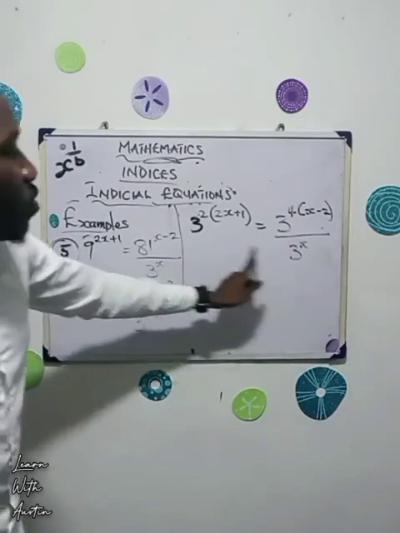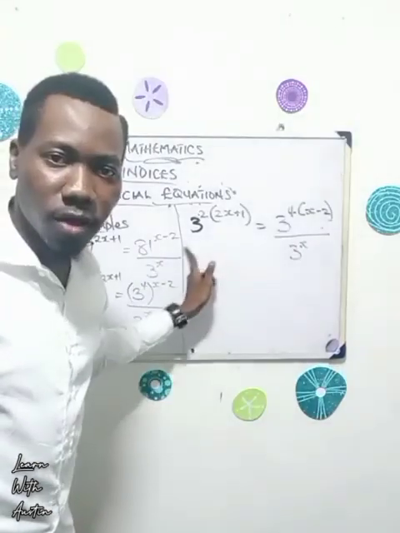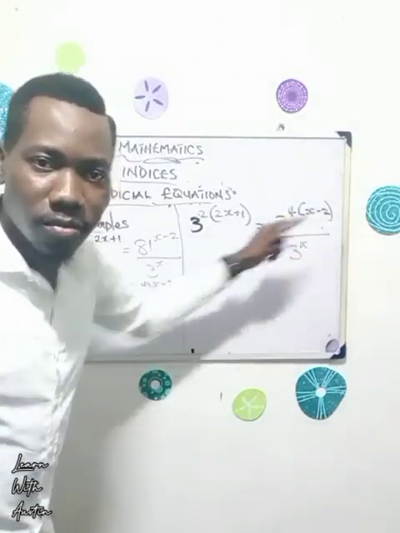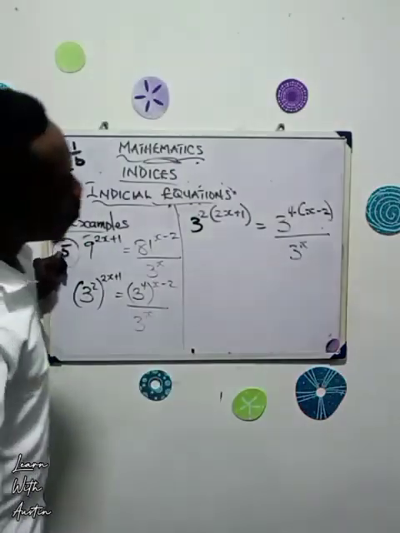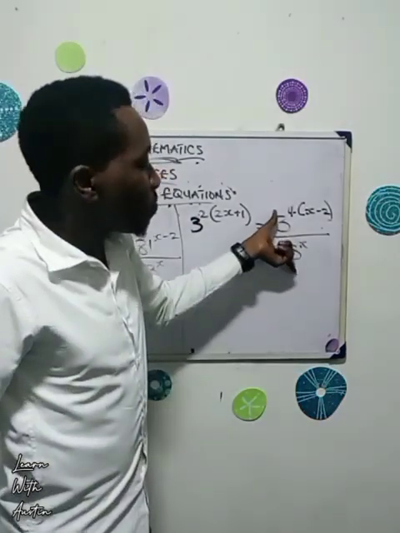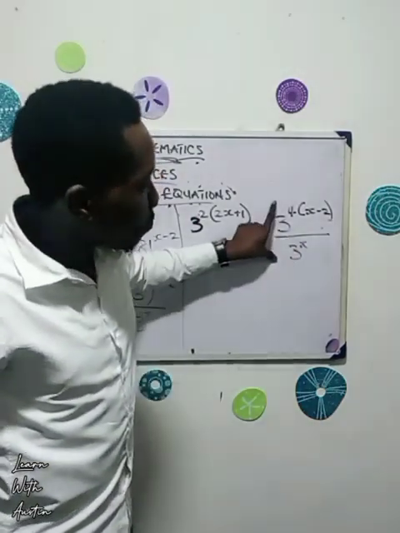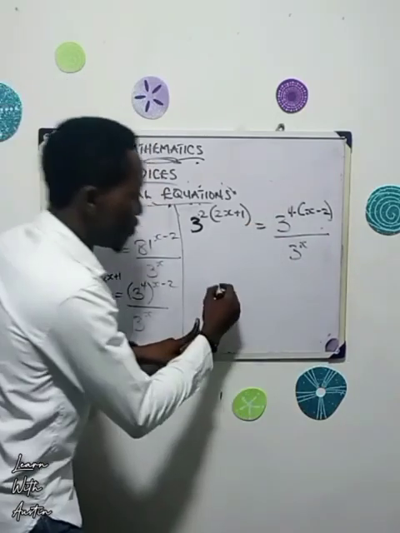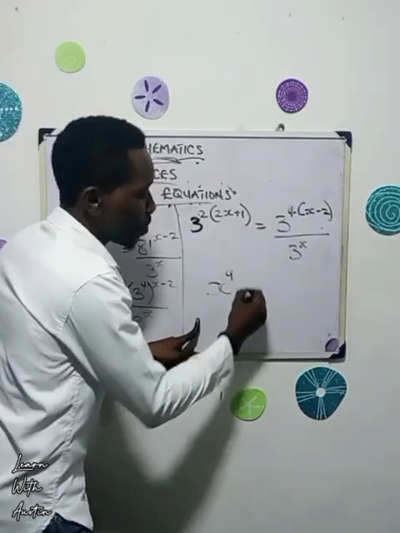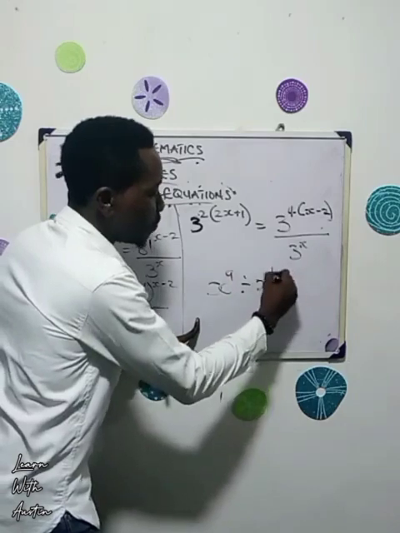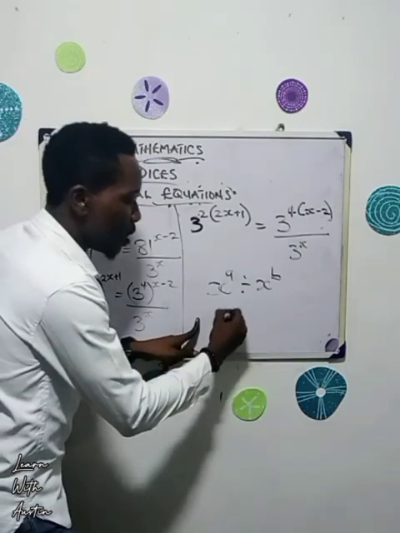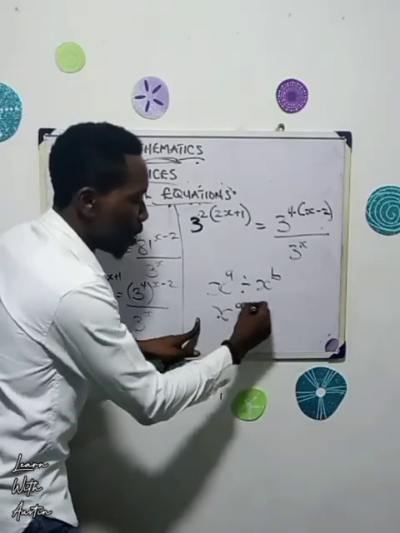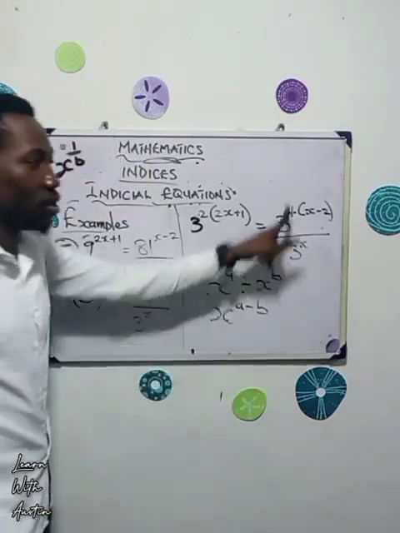So now, at this point, we can drop our bases, right? We can drop the bases and then go from there. Oh, before we drop our base, let's deal with this. Remember the rule that says x raised to the power of a divided by x raised to the power of b will give you what? x raised to the power of a minus b. So we are going to use that rule here.